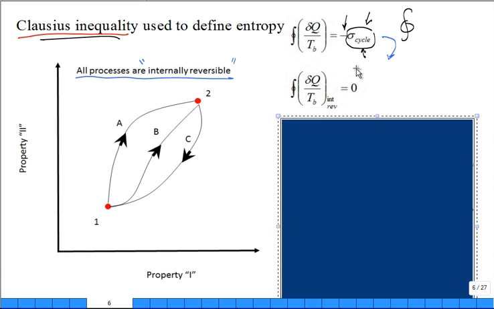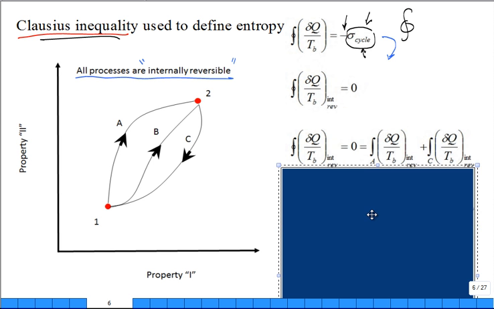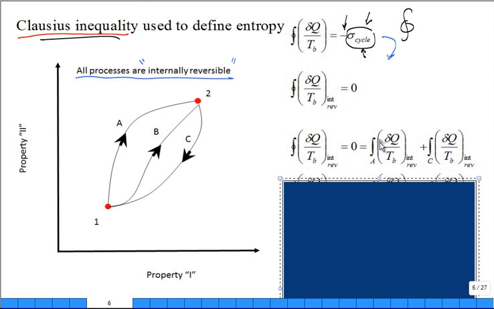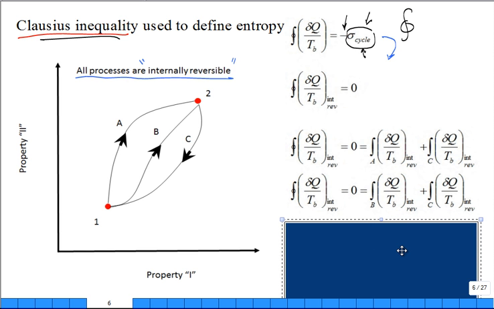So now we have this path integral. Can I describe this integral as the sum of 2? Can I say it goes along path A and then along path C to get back to state 1? Sure. And we already said that was 0. Guess what we're looking at? Just like what we did before. Clausius made the observation that this has all the characteristics of a property. I'm going to call it a property and give it a name.